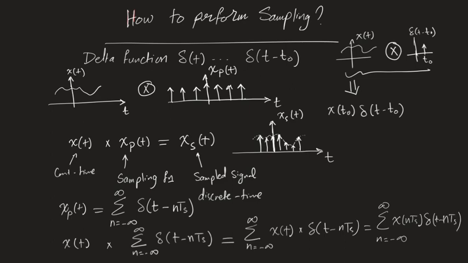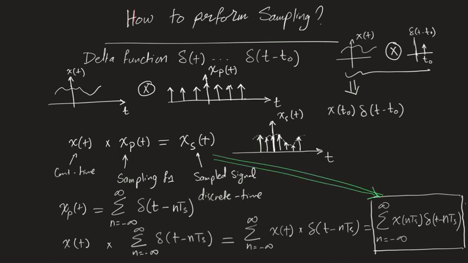Okay? And what we have here is the final expression of the sampled signal. So this is basically this guy. This is x_s of t.